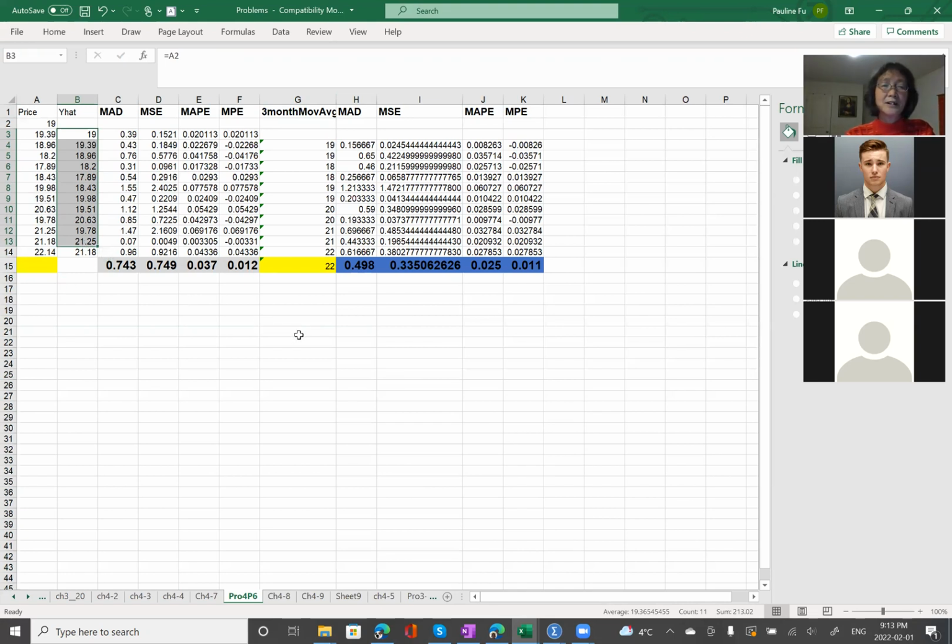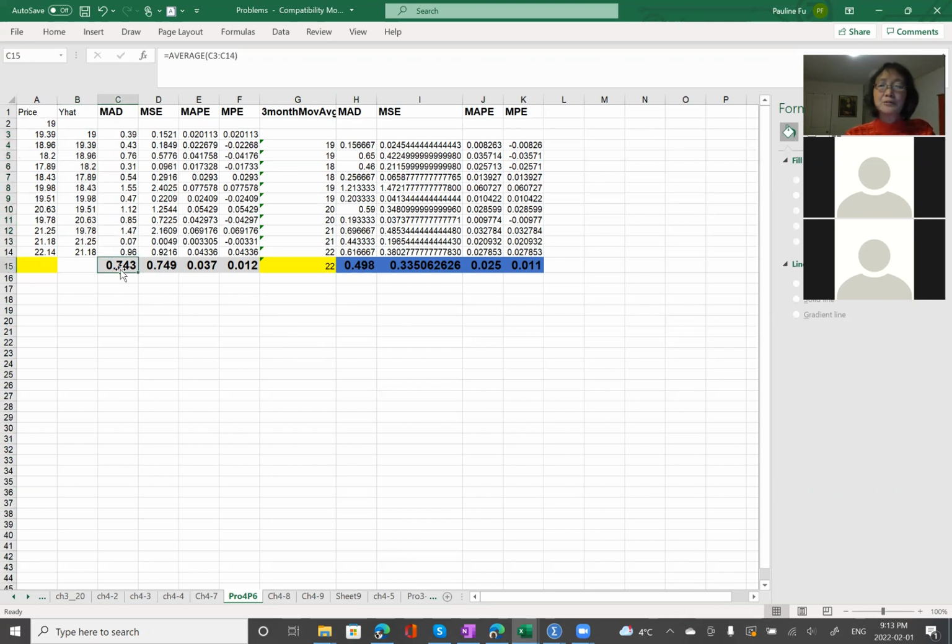I'm sorry, I've got a lot of follow-ups because this concept has confused me a bit. Is there a number we should be aiming for with these, or is it an absolute or relative value? Those are absolute values. For example, this MAD for the naive method is 0.743.